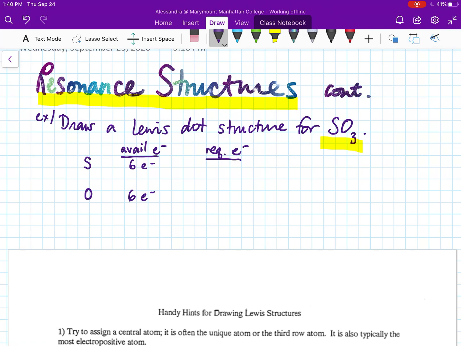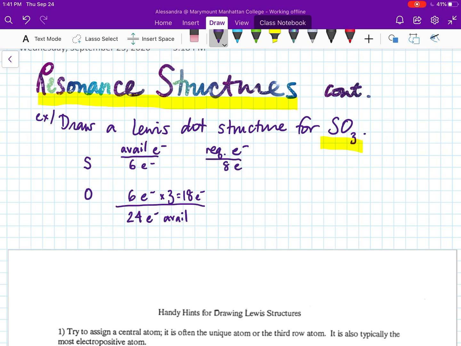They are right on top of each other in the same column of the periodic table, so they both have 6 valence electrons. With oxygen, I need to multiply this by 3 because it's trioxide. There are three oxygens in the molecule, so that's 18 electrons that are available. So 18 plus 6 is 24 electrons that are available from the sulfur and the 3 oxygens.